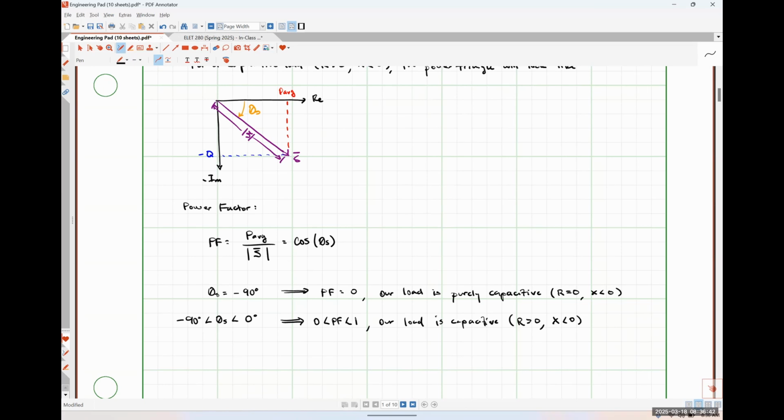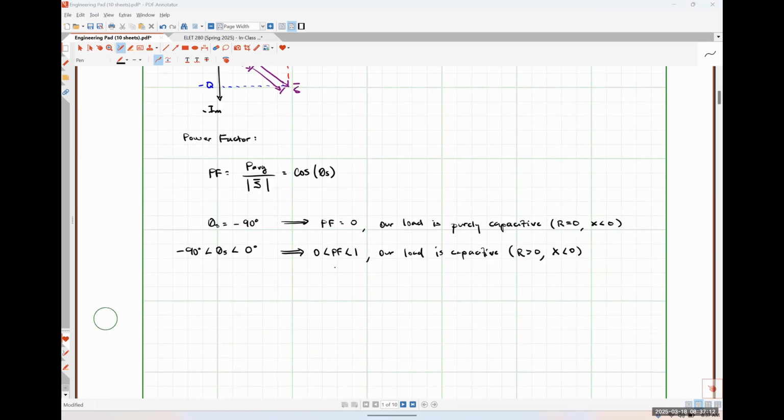whenever our angle is between negative 90 degrees and 0 degrees. Now, whenever we have a capacitive load like this, and you guys potentially should have talked about this in your prior ENGT 221 class, but perhaps you didn't, what we should observe is that our current waveform is leading our voltage waveform.